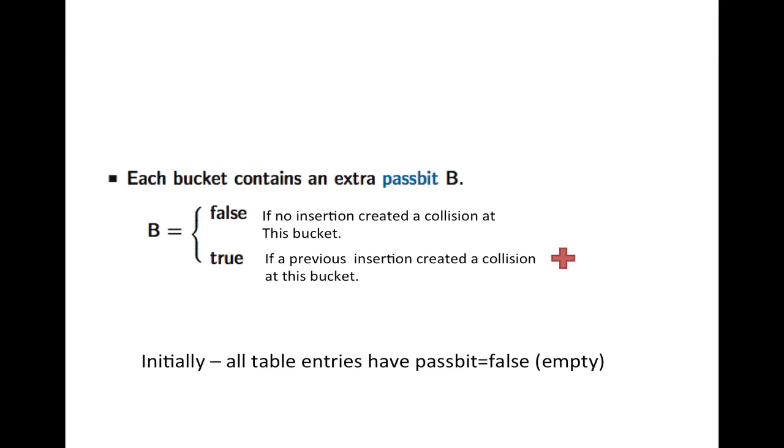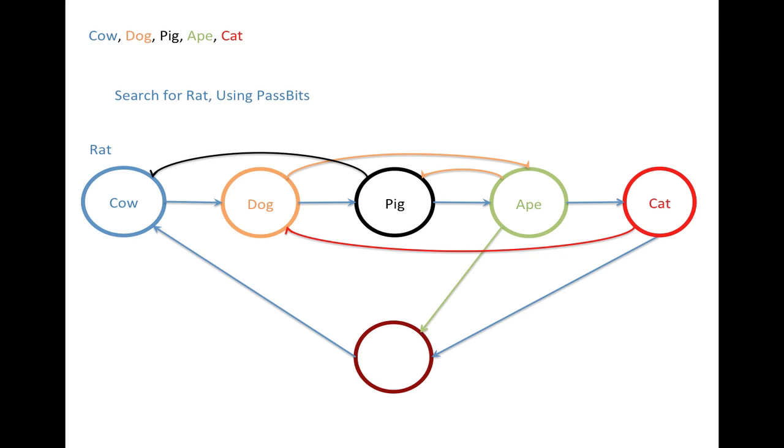Okay, so let's look at an example. Here we have a table with 1, 2, 3, 4, 5, 6 locations, and we inserted into it cow, dog, pig, ape, and cat, and they all fell into an empty slot, so there were no collisions in those insertions. Now we want to see if we have rat in the table.